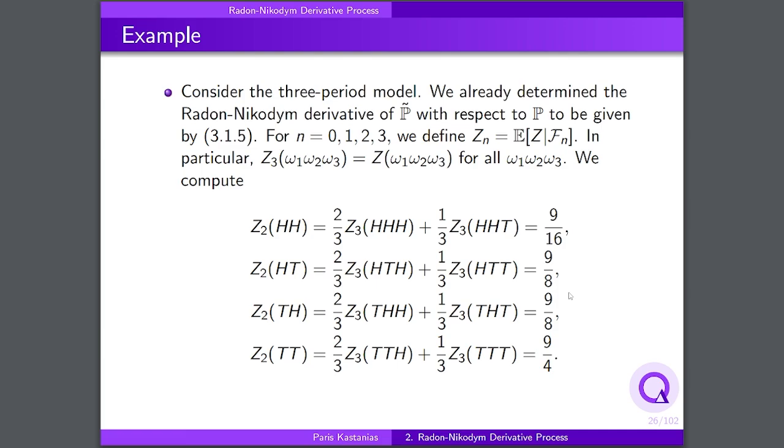In particular, Z3 of omega 1, omega 2, omega 3 is equal to Z of omega 1, omega 2, omega 3 for all omegas. We then compute this, which is the Z2. So that's just going to be the actual probability P plus the actual probability Q of the weighted Z3s.